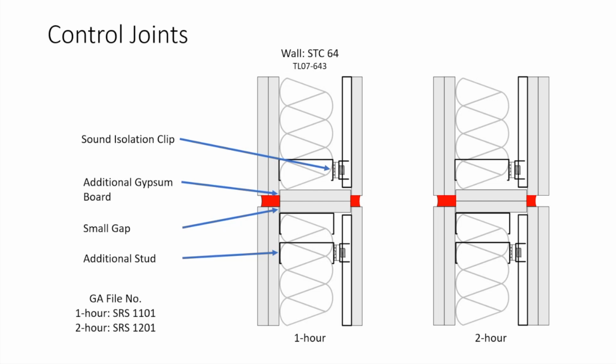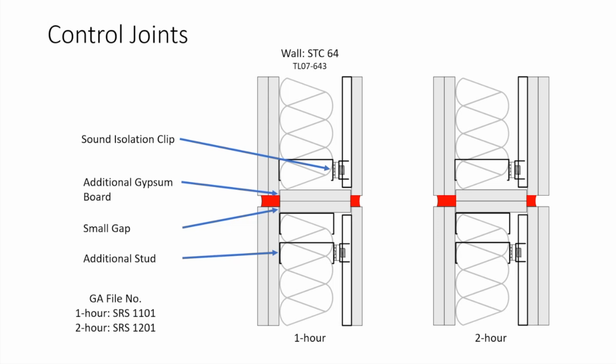So up here are a couple of standard details. These are roughly referenced to the GA file numbers that you see down at the bottom for fire. And for a 1 hour fire rating, you could really do this with just a single layer of drywall on either side. But the 2-1 wall there in the middle is what we actually acoustically tested. So in this case, you add some additional studs.